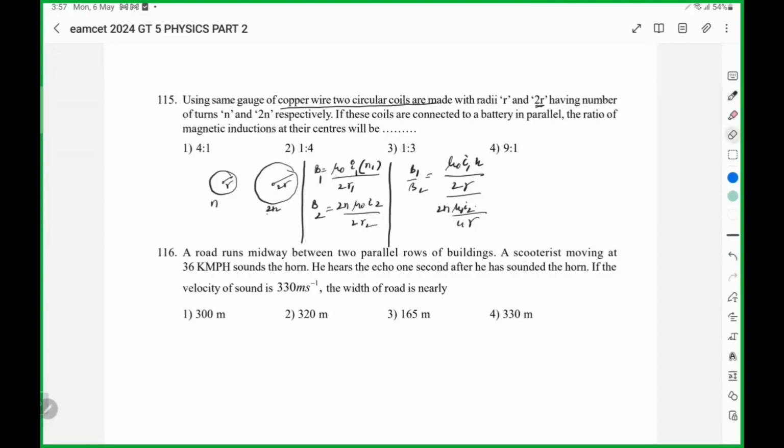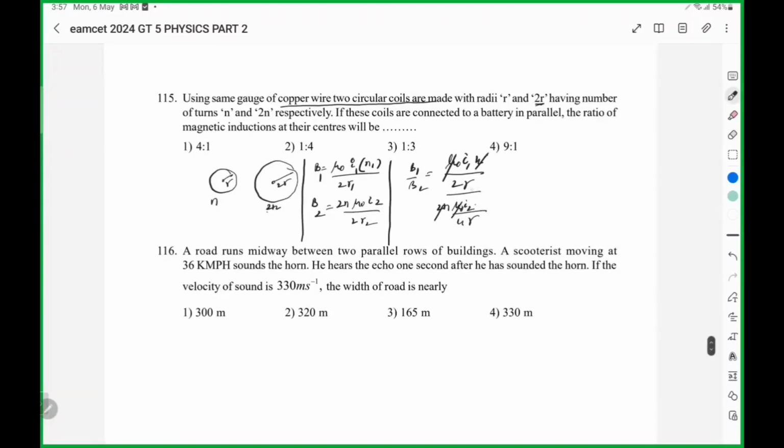Mu naught I2 n, mu naught get cancelled. 2 2R times, which is... Since these resistors are connected in parallel, the potential difference across the first wire is the same as across the second wire.